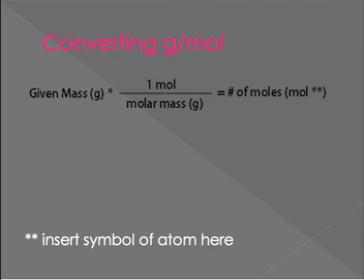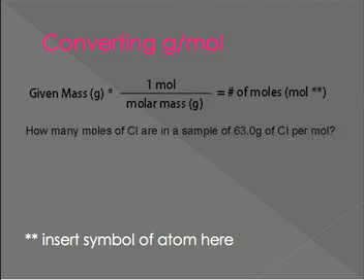The question is, how many moles of Cl are in a sample of 63.0 grams of Cl? Now the mass of Cl is 35.453 grams over mole. So that's what your molar mass equals.